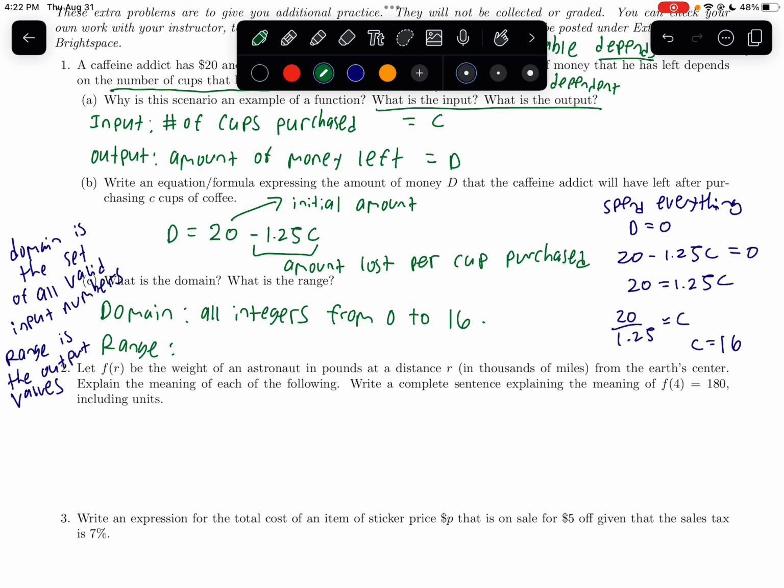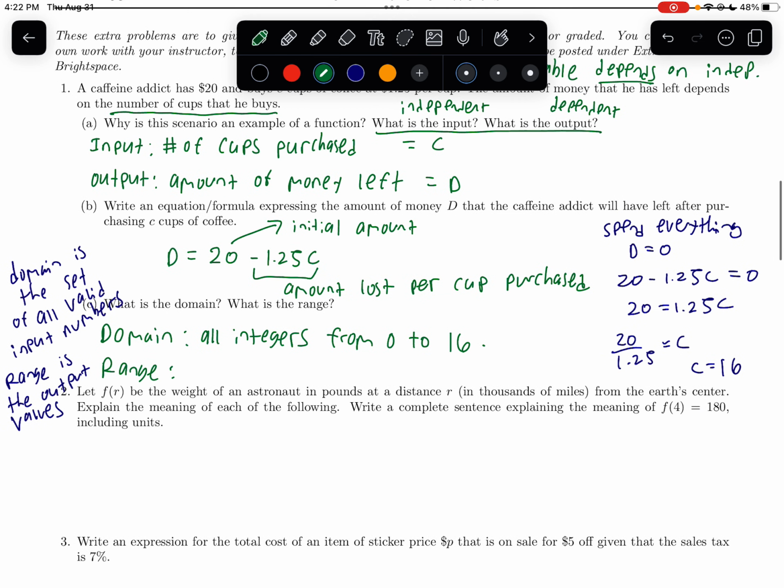So here, well, the range, the output variable is the amount of money left. So that could be, you could have anywhere from $0 left if you spent everything, and you could have up to $20 left. So that would be your output.